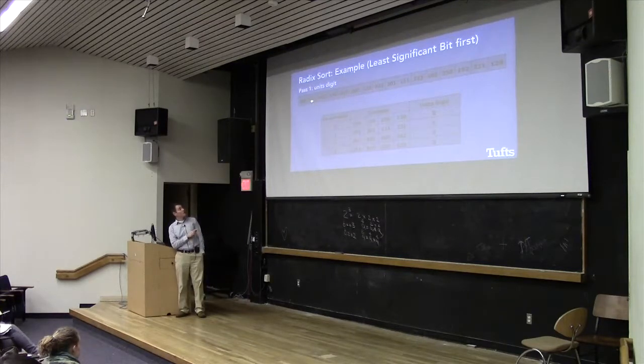So here's what you do. You take the numbers, and you go through the pass, and you check all the numbers. The first one is the units digit, in other words, what we call the least significant digit. The one that matters least in this whole thing is the one that's in the ones place. Anytime in the ones place there's a 0, it goes in the 0 bucket. These numbers were specifically chosen because they don't have any digits greater than 3.